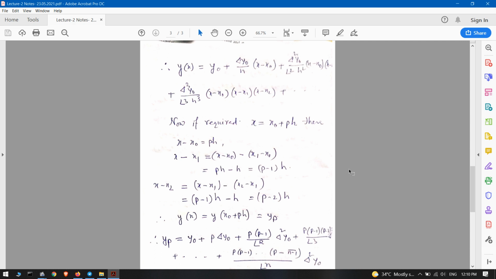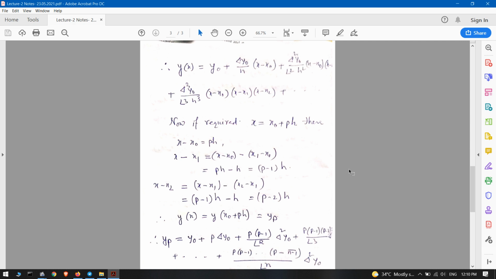So here we have assumed that x of i equal to x0 plus ih. And we have also assumed, from this table it is clear, that y of x0 equal to y0, y of x1 equal to y1, y of x2 equal to y2, y of xn equal to yn.